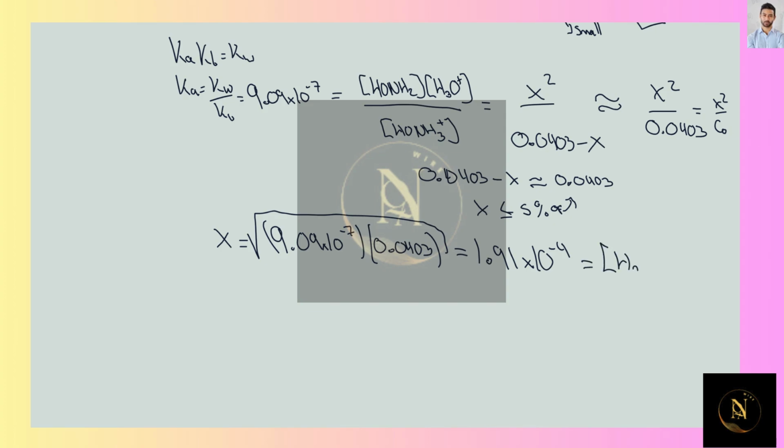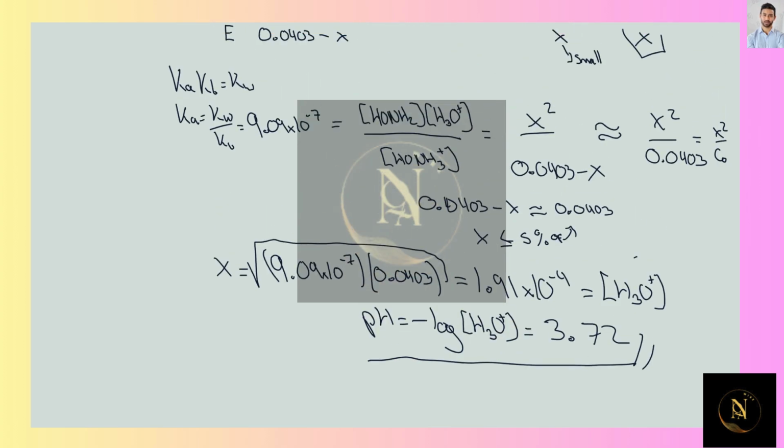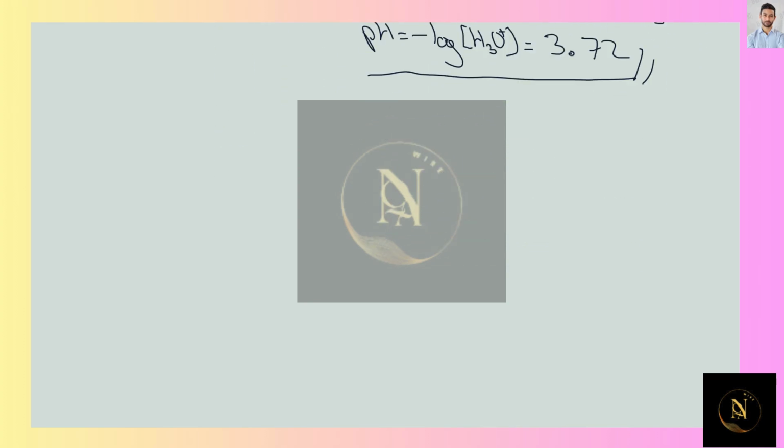That means that the pH of the solution is going to be simply the minus logarithm of the concentration of H3O plus, which turns out to be 3.72 for this first solution. So we're done with the first case. Now let's go for the second one.